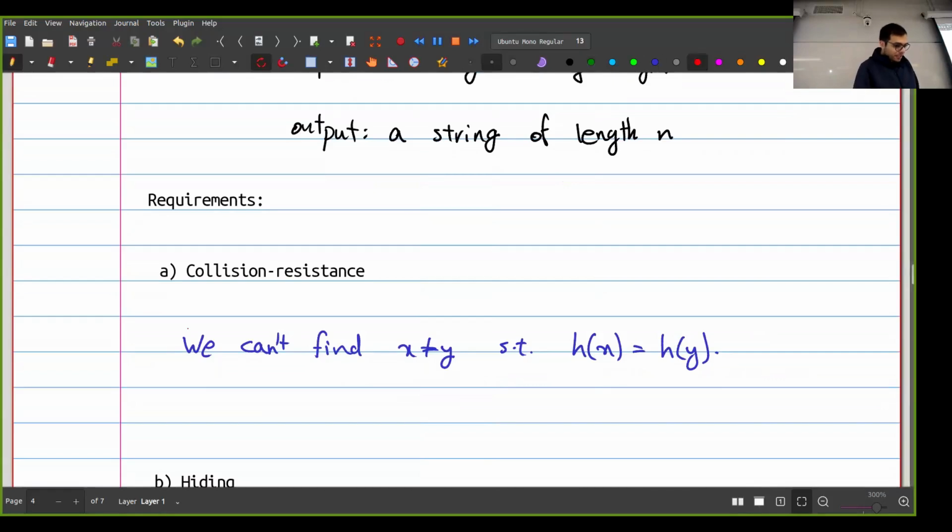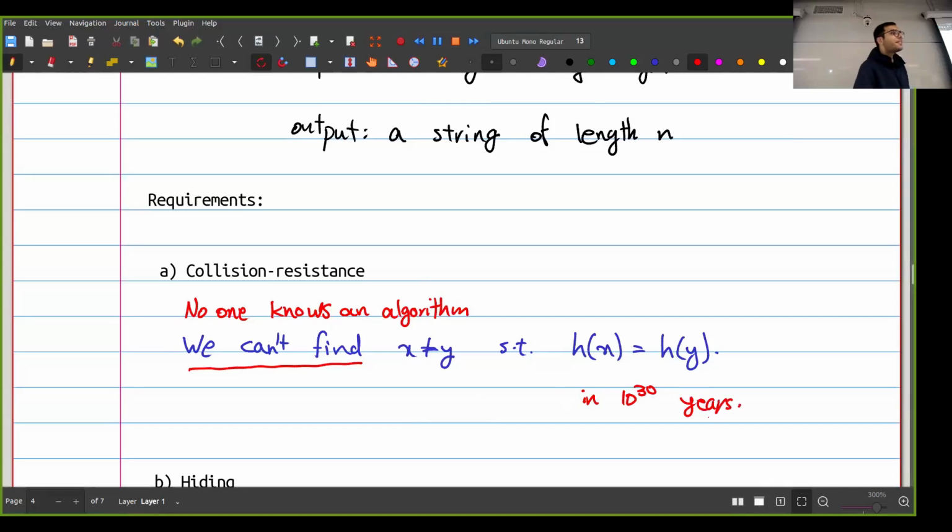So I have to maybe define this, which is no one knows an algorithm that finds such a thing, let's say, in 10 to the power of 30 years, or something like that. Now, this is a much weaker guarantee than the mathematical guarantee of one-to-oneness.